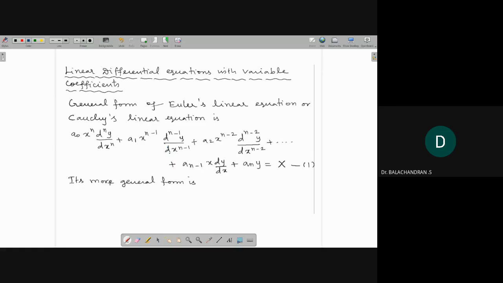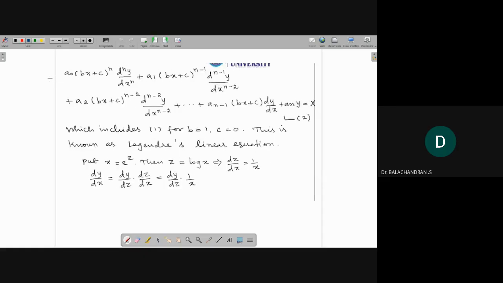Now the more general form of this equation is as follows.